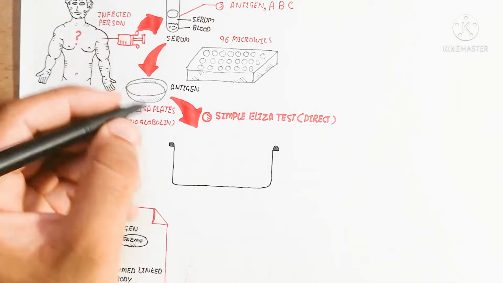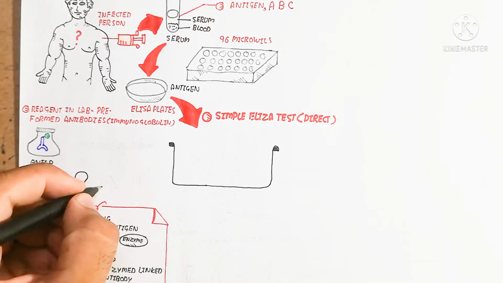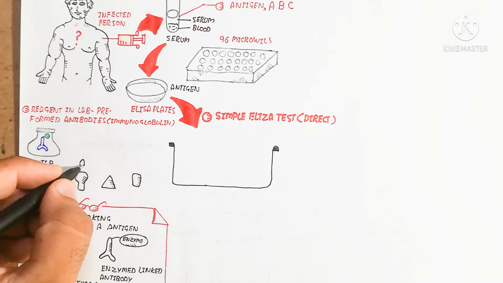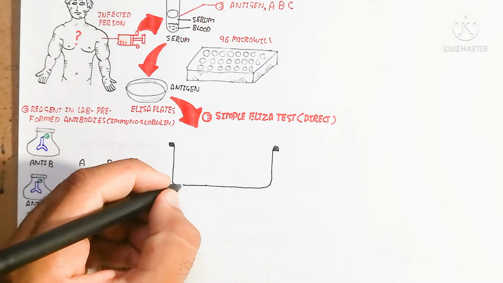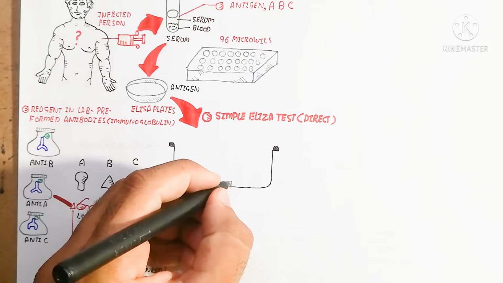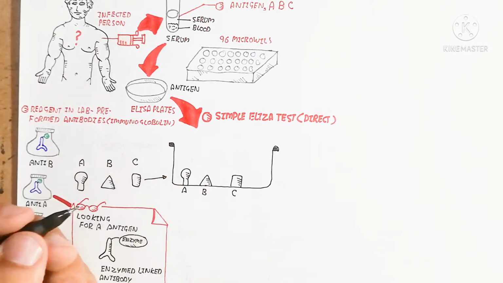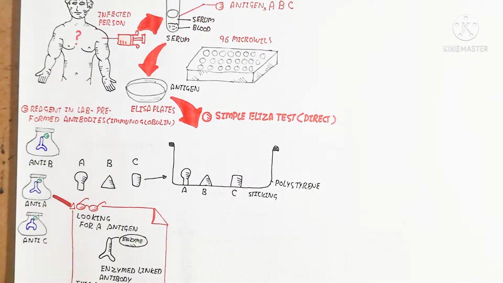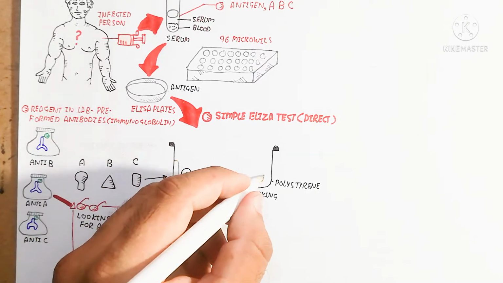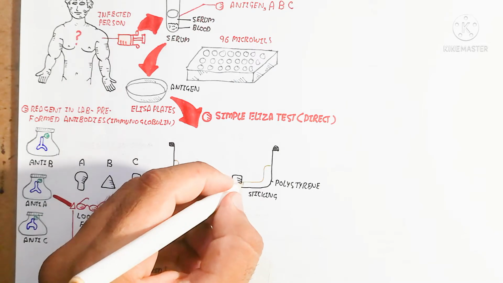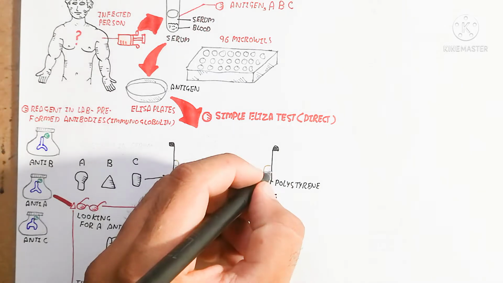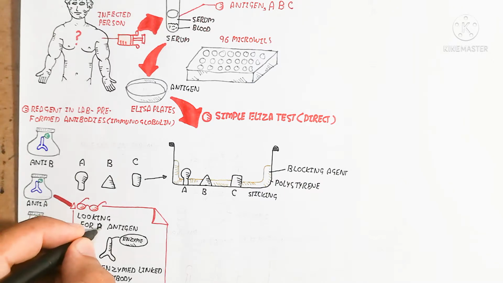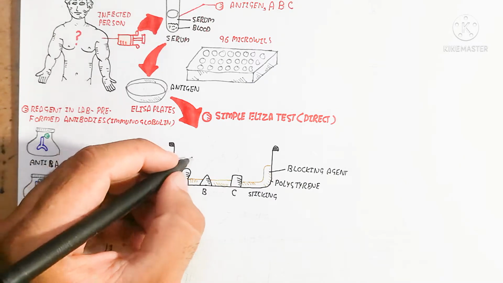We take the sample from the patient's blood and stick it in the polystyrene plate, known as the ELISA plate, and a blocking agent is used for blocking. The polystyrene plate, the plastic plate, is used to attach the antigen in the ELISA plate. An antigen antibody complex will form where the epitope matches the enzyme linked antibody prepared in our lab, but any other antibodies will not attach because the epitope will not match.